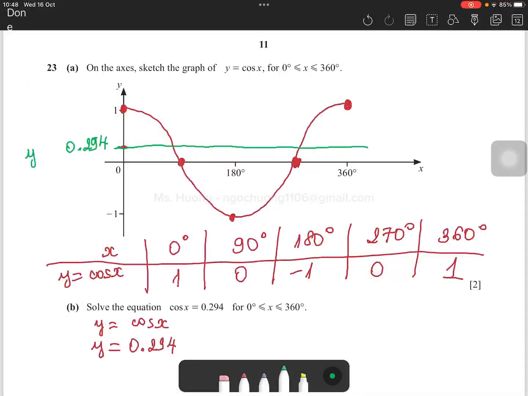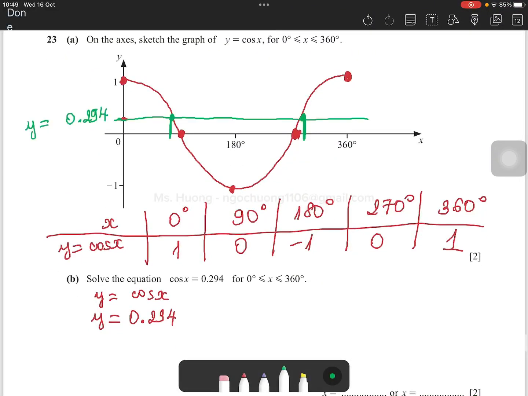This is the line y equals 0.294, and we see that it cuts the graph at 2 points. This is the first and this is the second point.